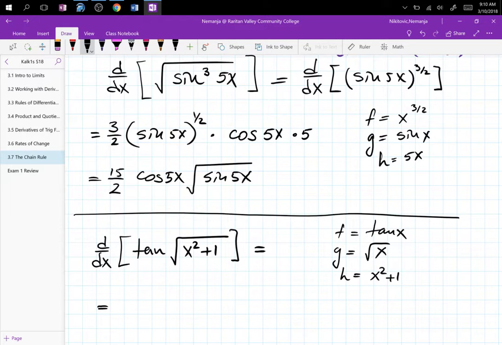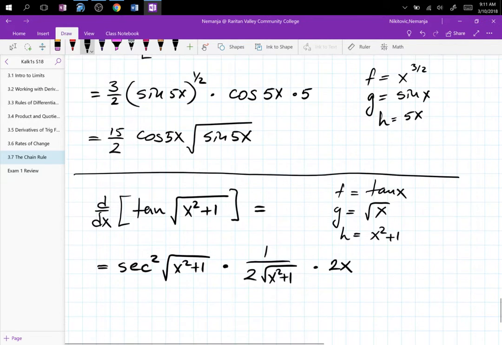What's the derivative of tangent? Secant squared. So we have a secant squared of square root of x squared plus 1. Good. Times the derivative of square root of x, 1 over 2 root x, but we have to put x squared plus 1. Times the derivative of the inside, which is 2x plus 0, so just 2x.